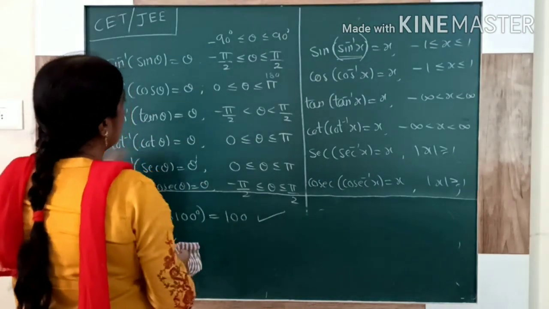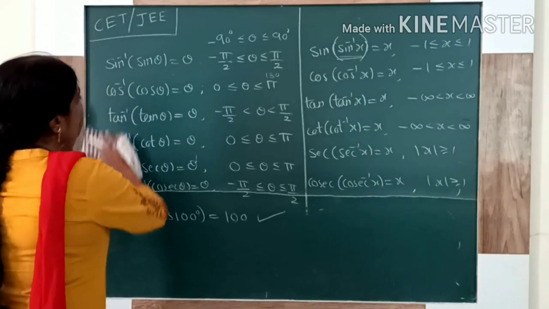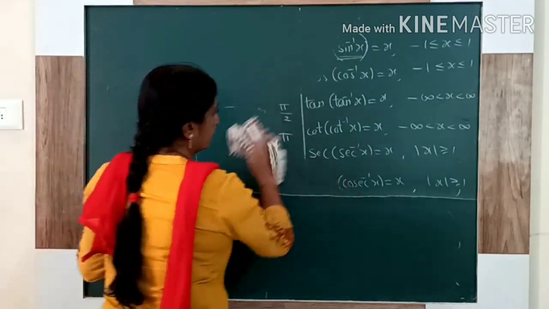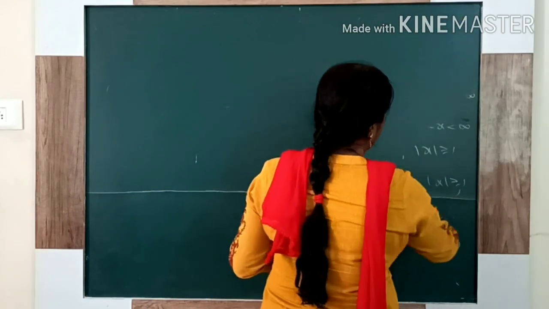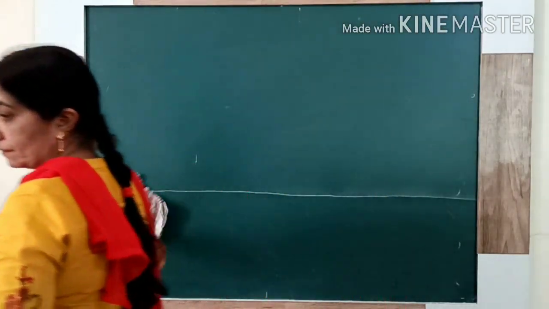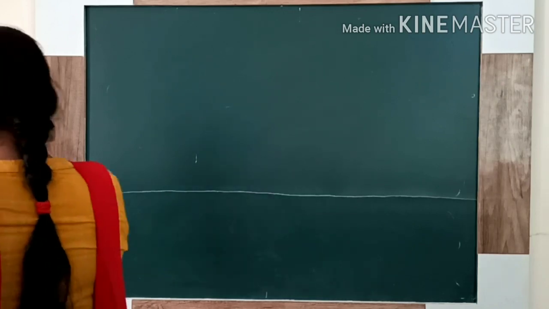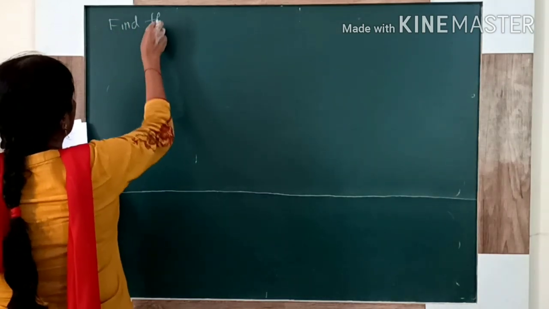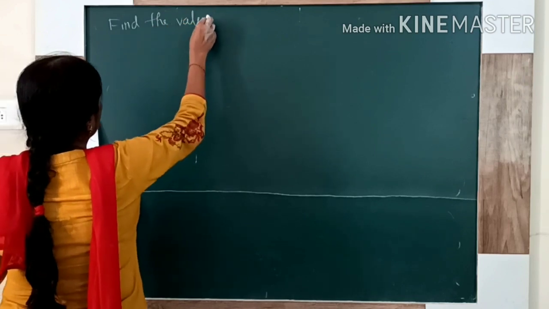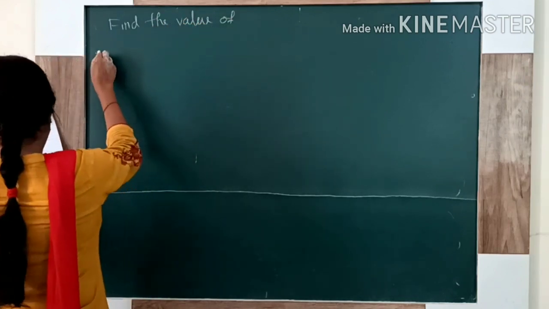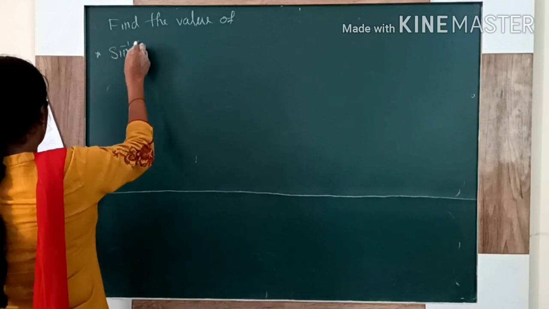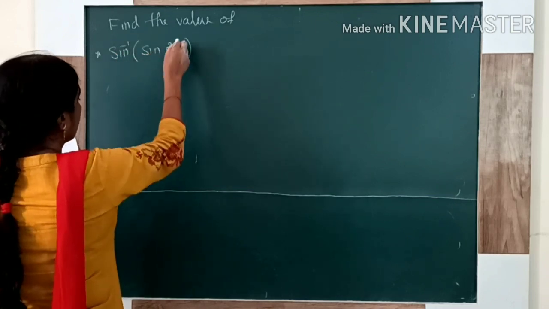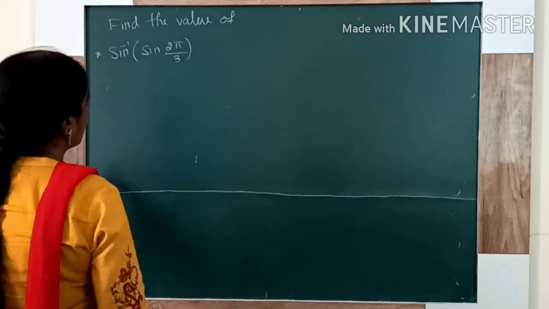Now I am explaining the example related to this. Find the value of sine inverse of sine 2 pi by 3. 2 pi by 3 is nothing but 120 degree.